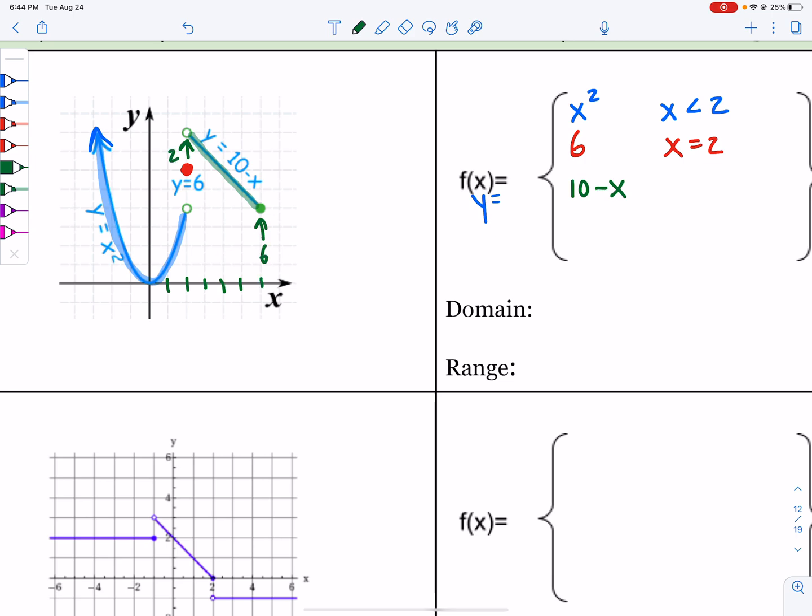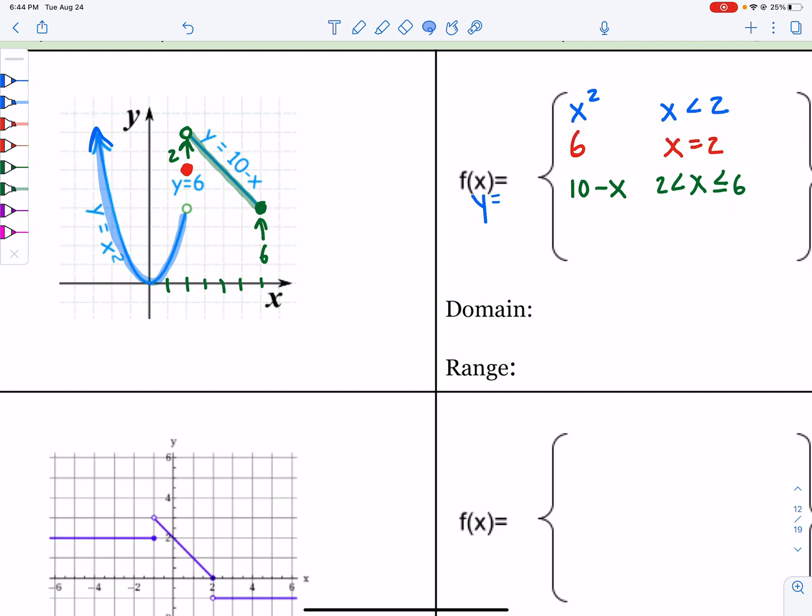So from 2 to 6. And then the first circle is open. So it would be where x is greater than but not equal to 2. And then this circle is closed at the 6. So it would be less than or equal to 6. And then that is what we write for the domain.